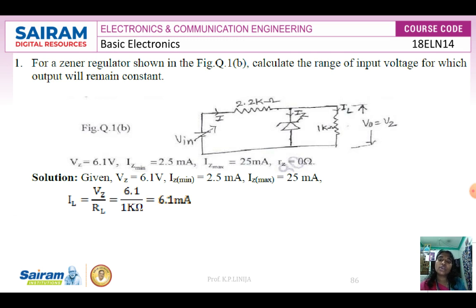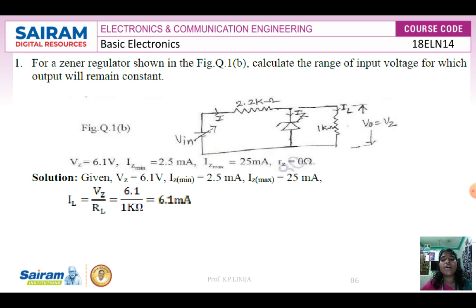For a Zener regulator, which is shown in the figure, calculate the range of input voltage for which the output will remain constant. In the circuit, the given data are Vz equal to 6.1 volt, Iz minimum is equal to 2.5 milliamps and Iz max equal to 25 milliamps.